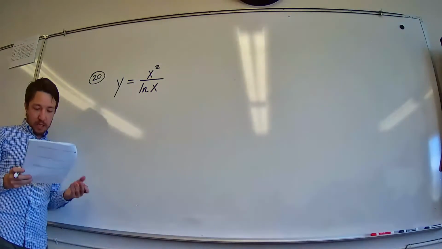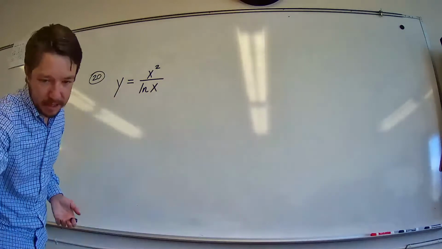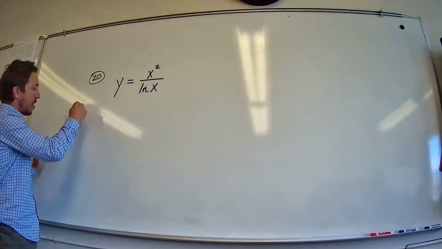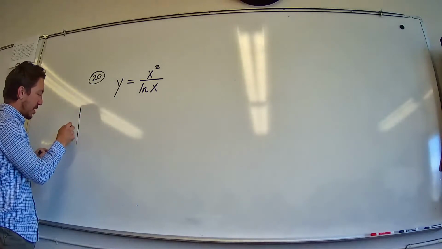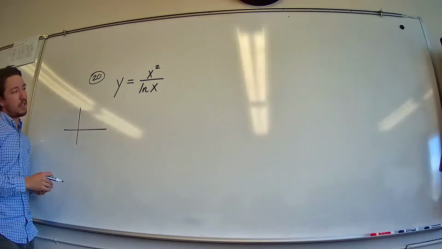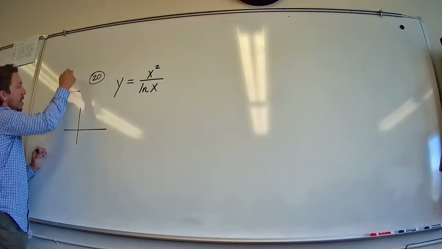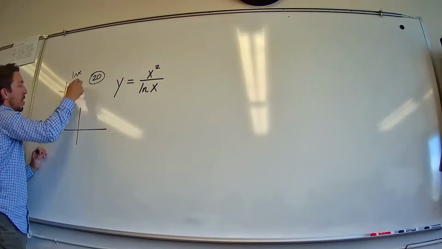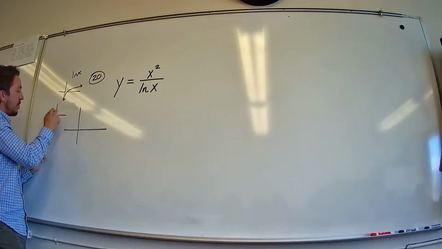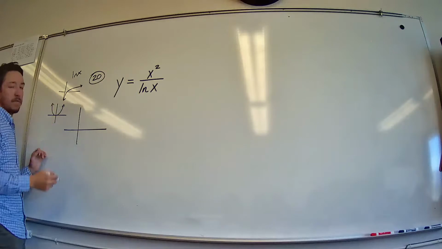Okay, so it says, where does this graph increase and decrease? It's definitely a weird graph. Just before we start, I think it's worth understanding that the log function looks like this, and the x squared function, that one is a famous function.